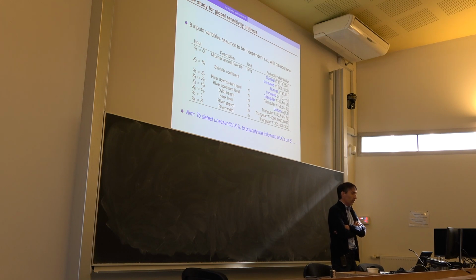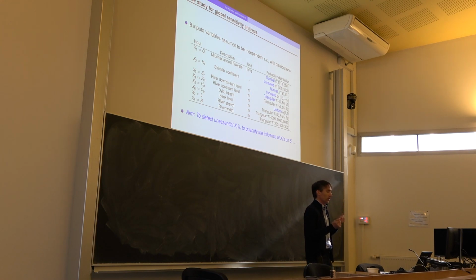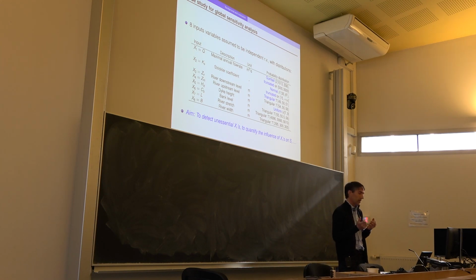These 8 input variables are assumed to be random variables, because they can vary in some domain. For instance, the variable x1, the maximal annual flow rate, varies between 500 and 3000, and you have some statistics with historical flooding that tell you that this variable has a Gumbel distribution with some parameters.